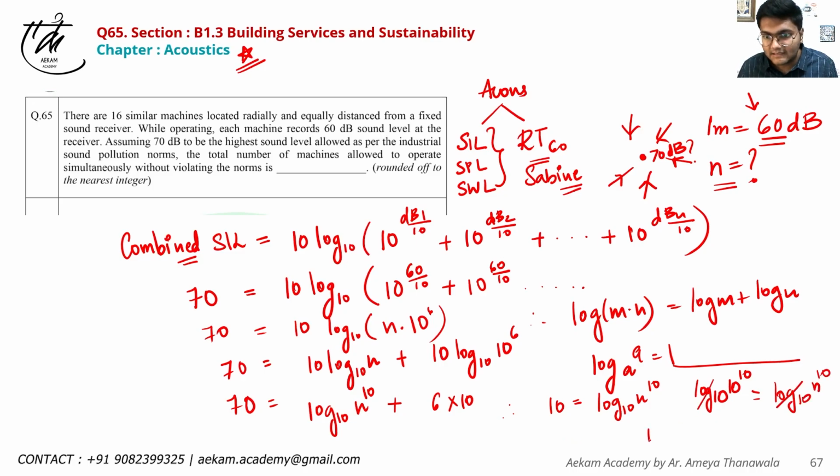You will get 10 raised to 10 is equal to n raised to 10. So n is equal to 10. So you can switch on 10 machines simultaneously such that 70 dB would be the maximum output. If you go to 11 machines, your 70 dB might increase to 71, 72, which would be against the norm. So this is the correct answer.